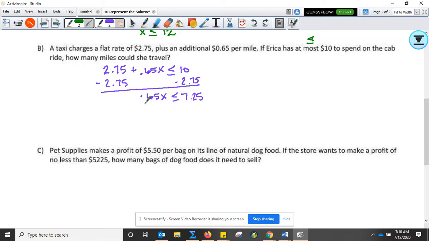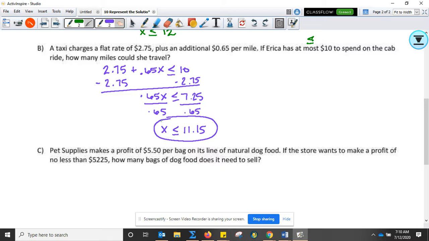So I'm going to divide by 0.65. So 7.25 divided by 0.65 is going to give us 11.15. So x is less than or equal to 11.15. All right. So the most miles we can go is a hair bit over 11. Okay. So that's what she can travel.